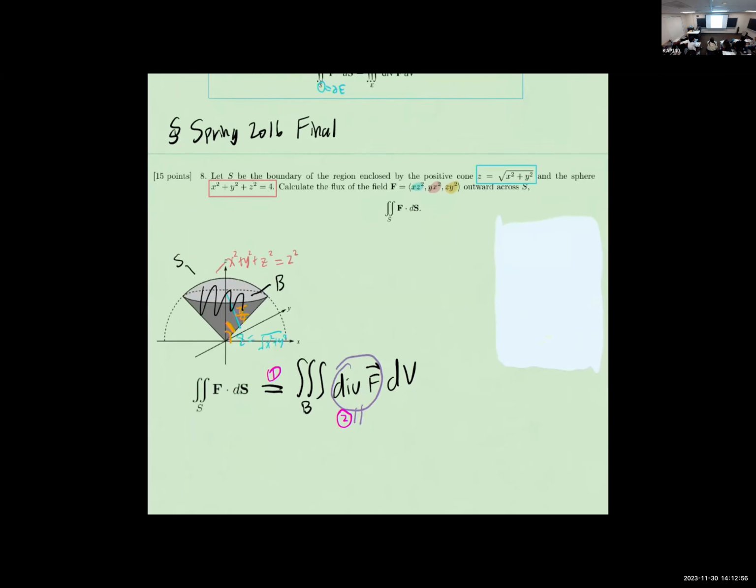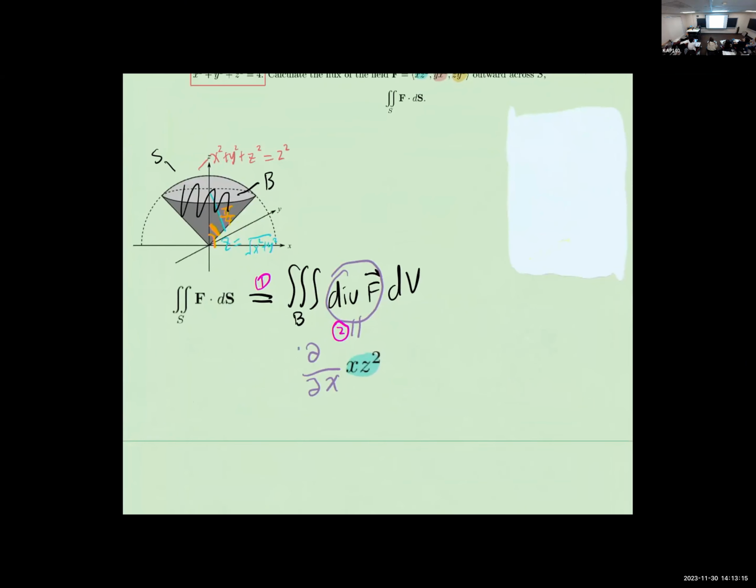Let's write that down. So it equals del over del x times the first component of f. Let's go. Plus del y, the second component, yx squared.